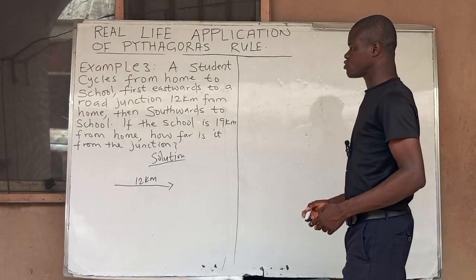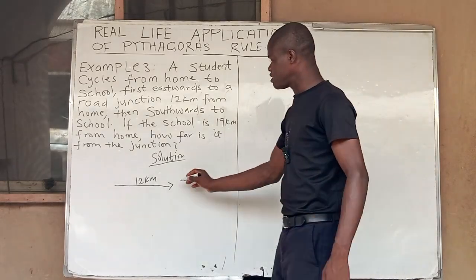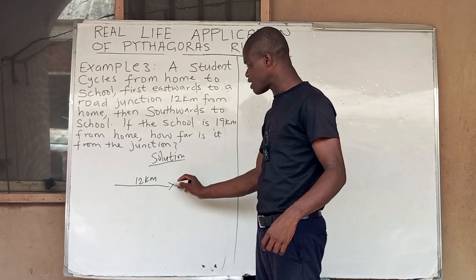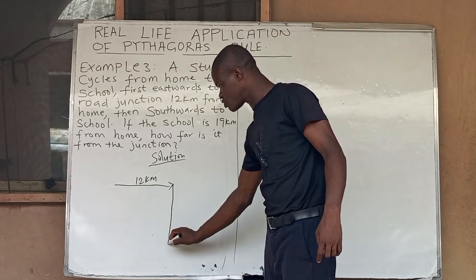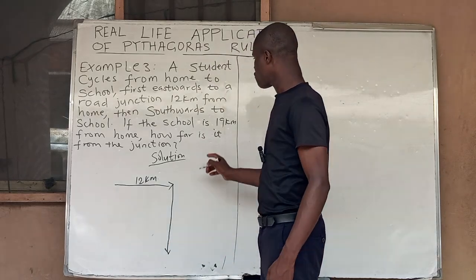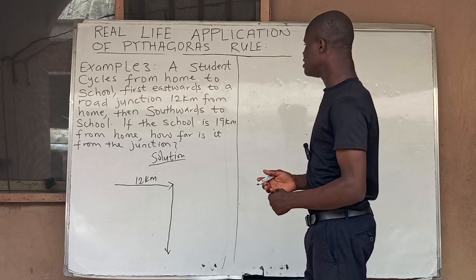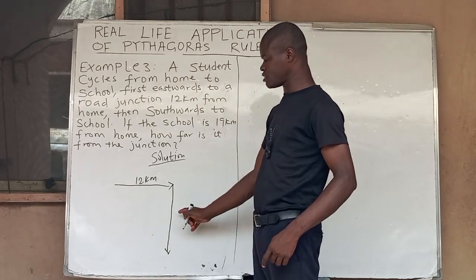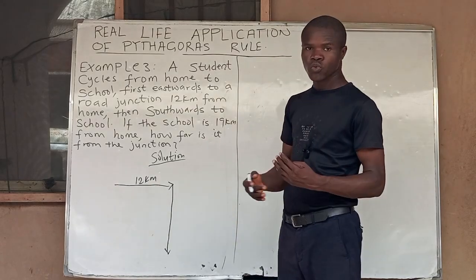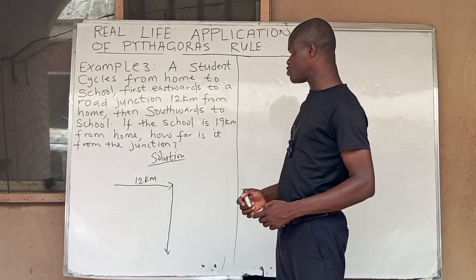Then southwards to school. So if this is where he is at the moment, going south direction, south is this way. So he now cycled south direction. They didn't give us the value of the distance he has cycled in the southward direction.